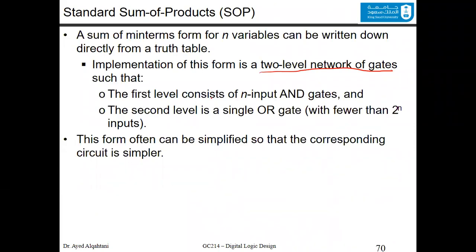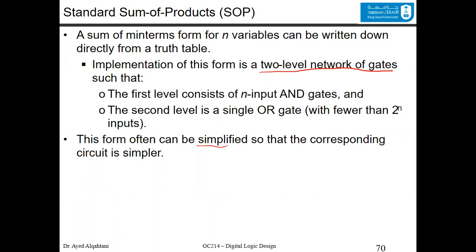So the first level consists of N-input AND gates, and the second level is a single OR gate, but with multiple inputs that are fewer than 2 to the power of n. This form often can be simplified so that the corresponding circuit is simpler. So we will find in the optimization in another video that you can simplify functions that are represented using only minterms in another way.